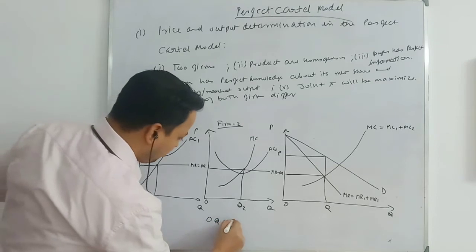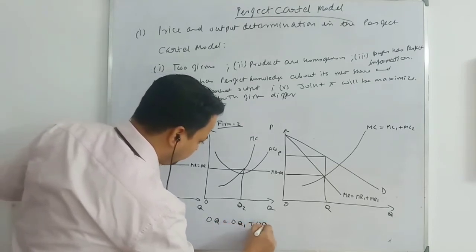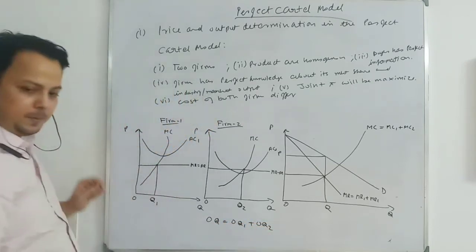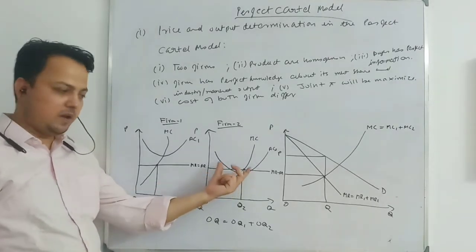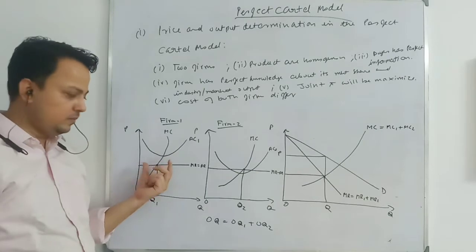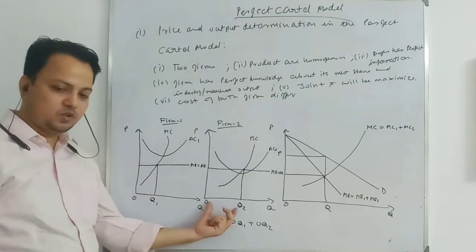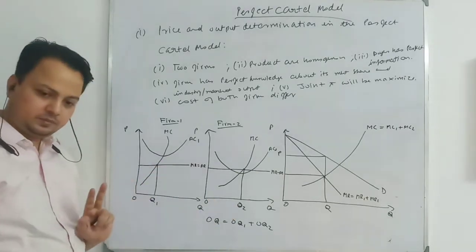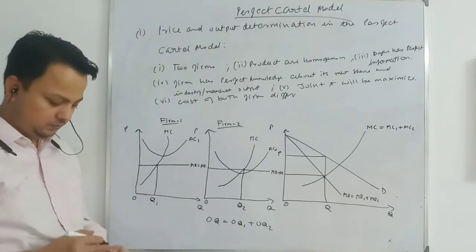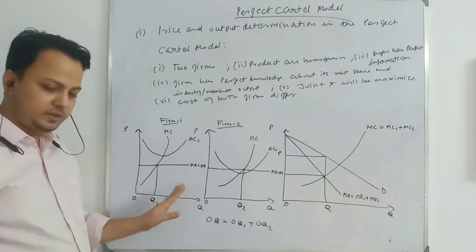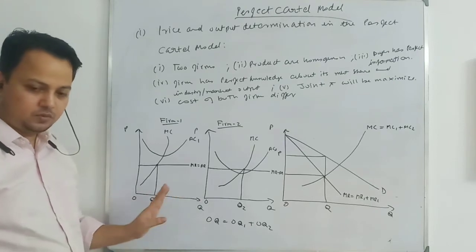OQ must be equal to OQ1 plus OQ2. Since firm 2's average cost is lower than firm 1's, it will produce higher output compared to firm 1. Now it is clear through the graphical method. Is this okay? Yes, no?